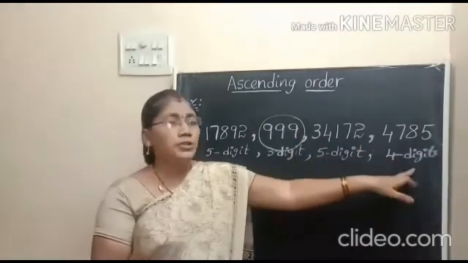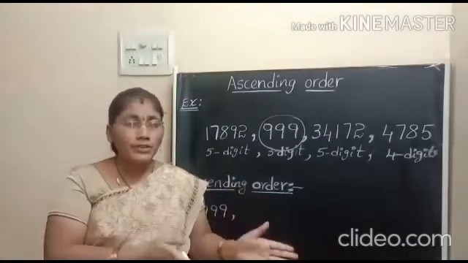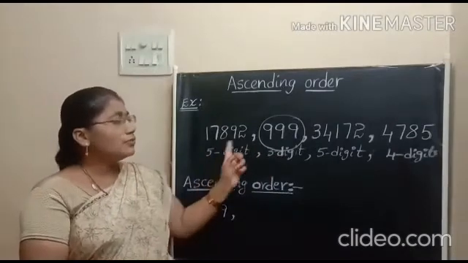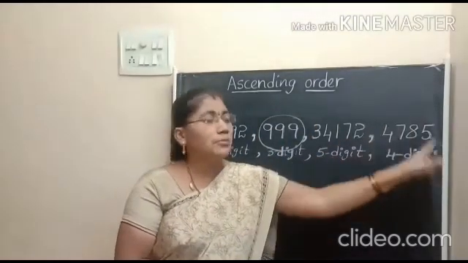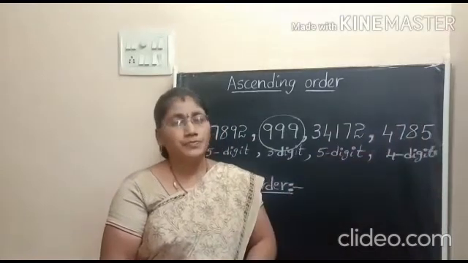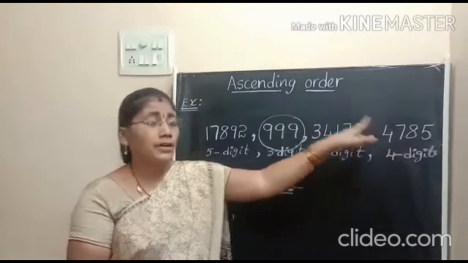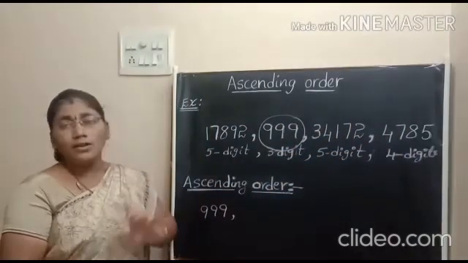Obviously the 4-digit number, because the number with fewer digits is the smallest. So we have to write this 4-digit number at the second position of ascending order.